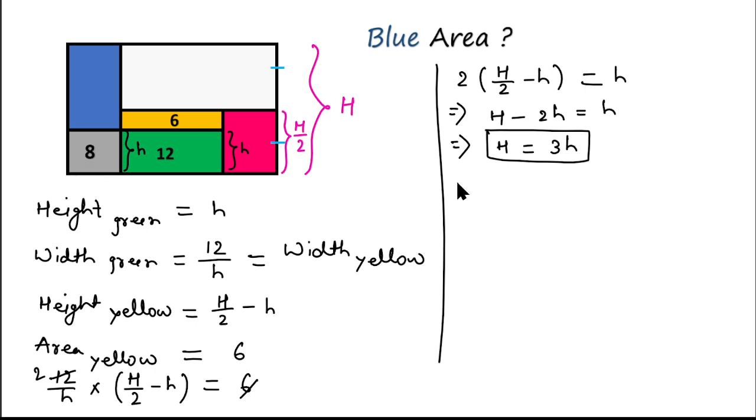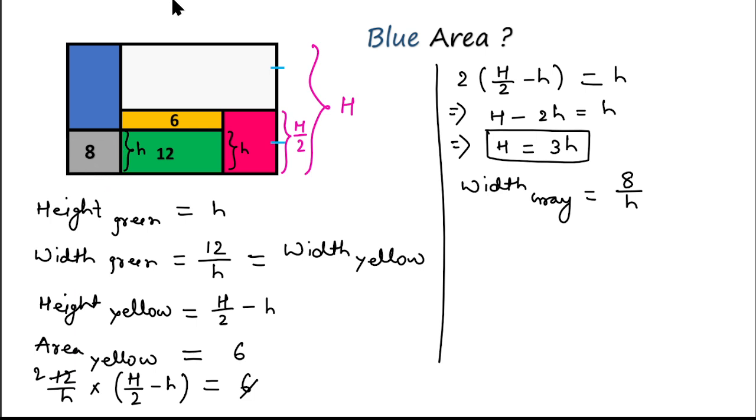We can write that the width of the gray rectangle is equal to the area of this gray rectangle by height. That means we can write 8 by h. Okay, now we know the width of this gray rectangle is 8 by h.